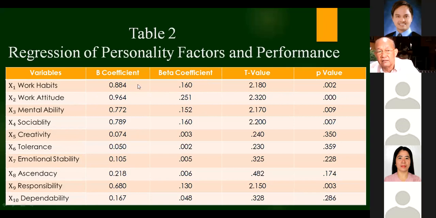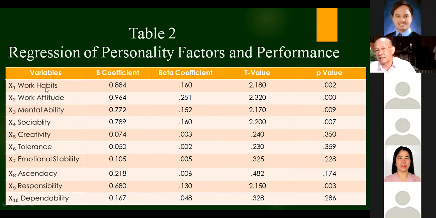Work attitudes contribute 25% to the performance. Work habits and sociability make 16% contributions to performance, while mental ability contributes about 15% to the performance of the teachers. So the best predictor among the personality factors is work attitude, followed by work habits and sociability.